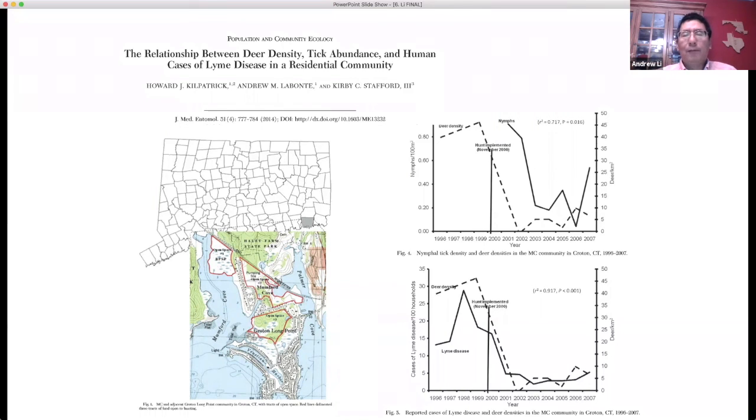What they found is, if you can reduce the deer population to below 5 deer per square kilometer, you can significantly reduce the questing deer tick nymphs by 70%, and also by 80% the number of Lyme disease cases reported in the community. So this is pretty good, strong evidence. If you can reduce the deer population, you can reduce the tick population, and consequently the Lyme disease cases.